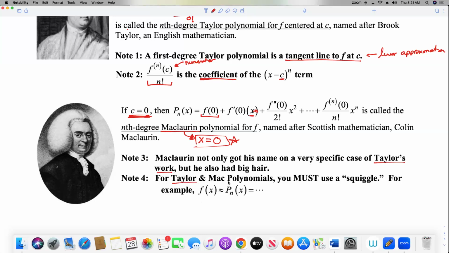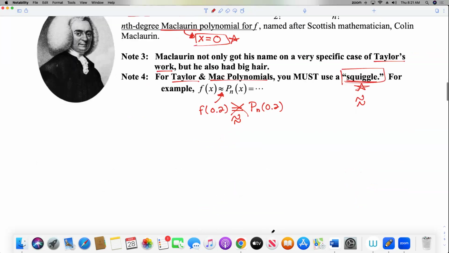For Taylor and Maclaurin polynomials, you must use a squiggle. If you do not, you will lose points, okay? Because a Taylor polynomial is an approximation. So f of 0.2 is not equal to P n of 0.2. It is approximately equal to that approximation.